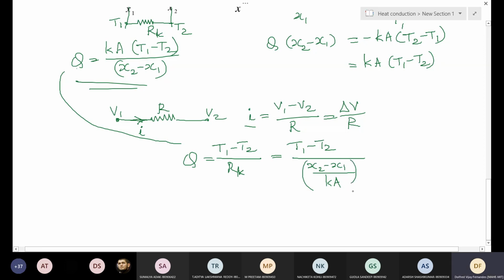So it clearly tells you something. This is the resistance to the heat transfer. RK is nothing but the conduction resistance.